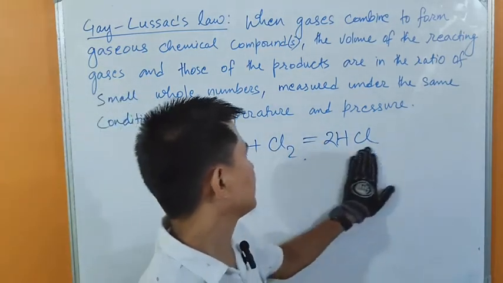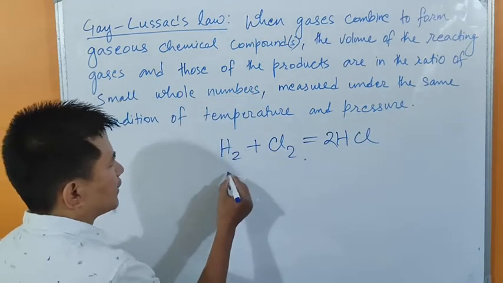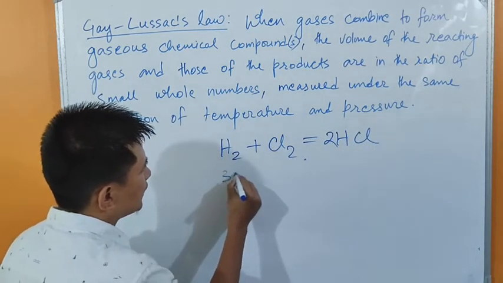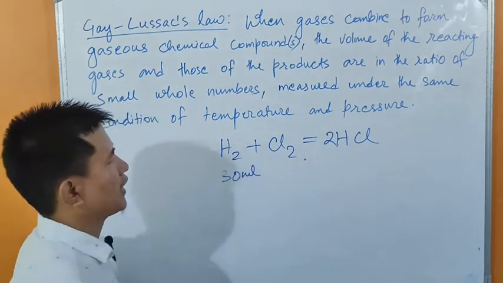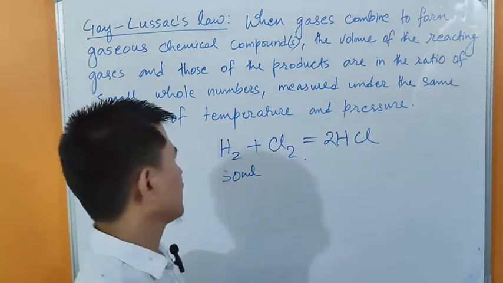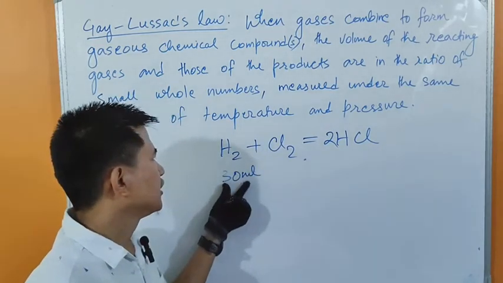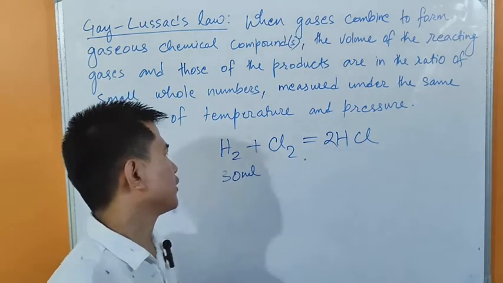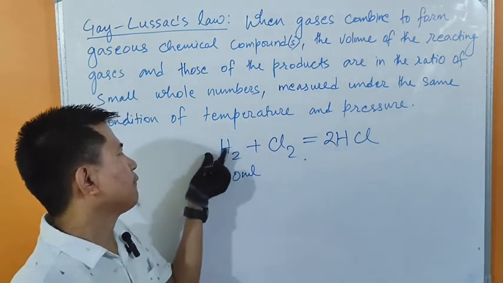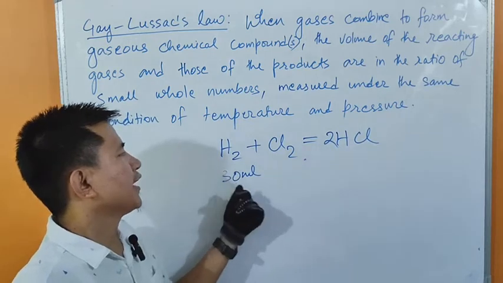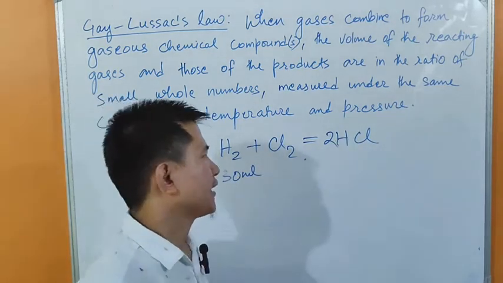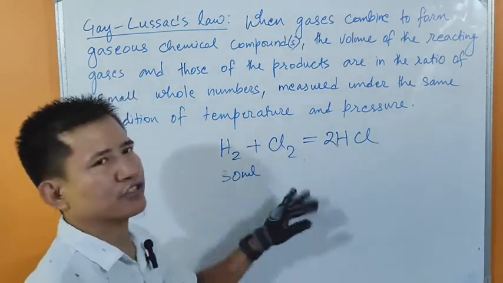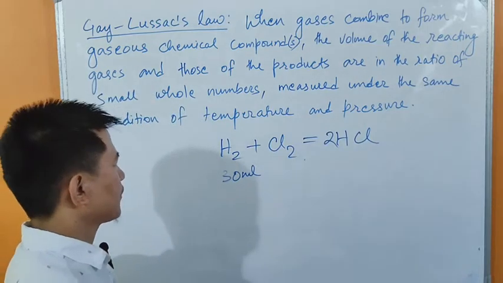Suppose, for example, I have 30 ml of hydrogen. How much hydrochloric acid gas, HCl gas, will be produced? If I have 30 ml of hydrogen gas, then how much HCl gas will be produced? Okay, if this is the question, how will I find?